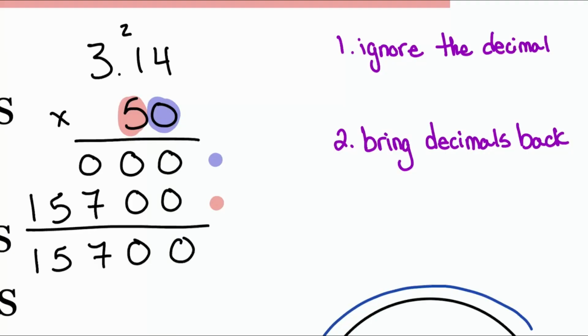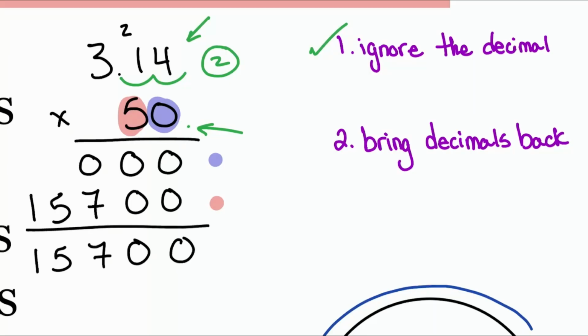Again, just multiply like normal. We did that. Step 2, we're going to bring the decimals back. Everybody, how many total decimal places are we bringing back? If you said 2, that is correct because we have a total of 2 decimal places. Up here on the first number, we have 1, 2. On the bottom number over here, we only have, well, nothing. With the decimals right there, there's no movement.